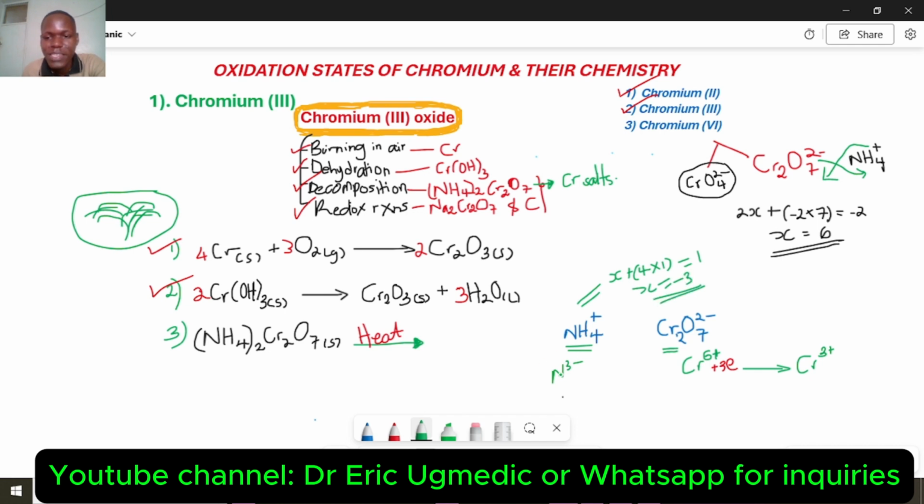That's why I'm saying here it's in the -3. So meaning here it has gained 3 electrons in this complex. So it's going to lose these electrons and they will be taken up by this chromium now. So I'll have nitrogen going to the oxidation state 0.